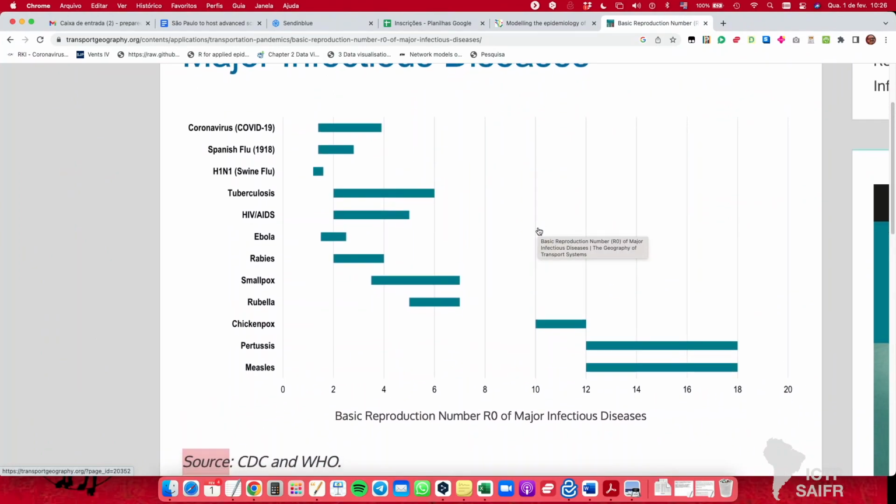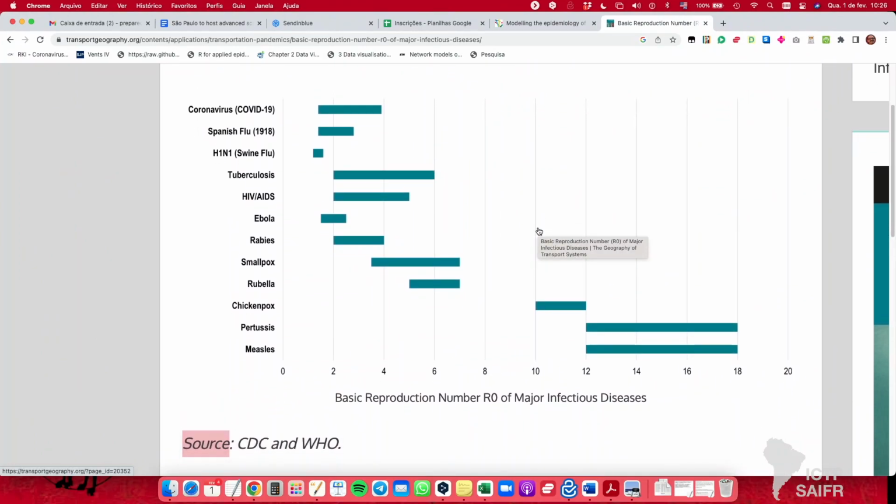Better? Okay. For instance, this already has the coronavirus, the wild strain, not the variants, which are multiple. So it's about three, which is more or less connected to what the Spanish flu was. The Spanish flu's R0 is not so big, but it has a high mortality. Here you see typical values, for diseases of children.